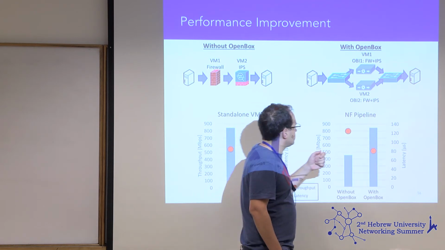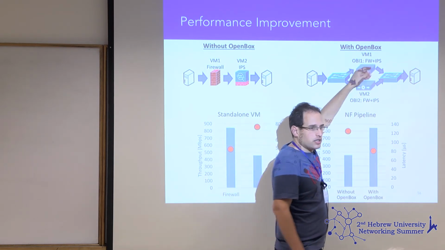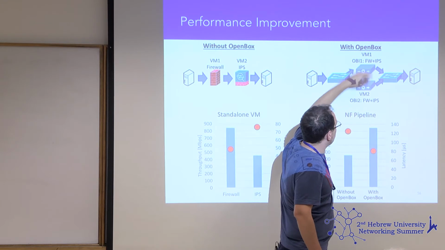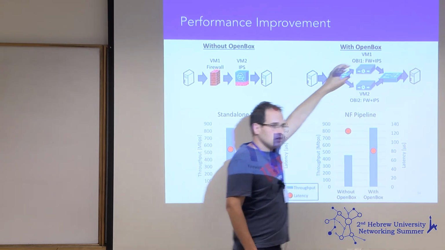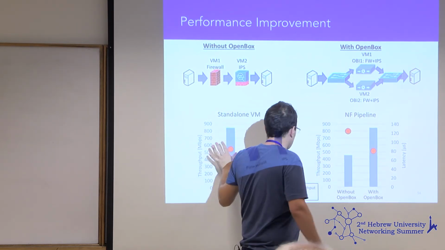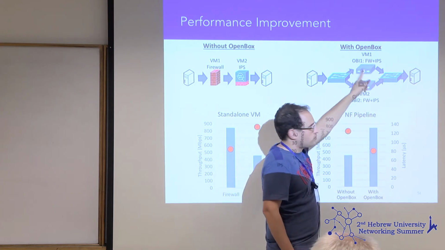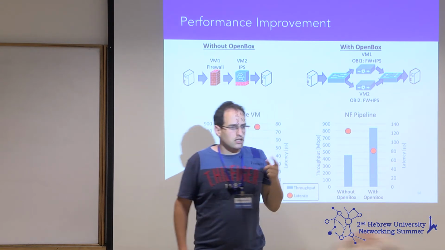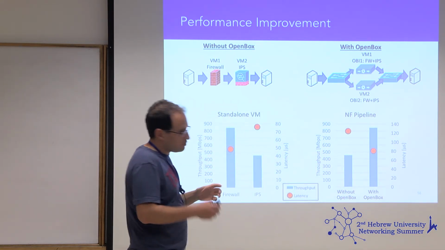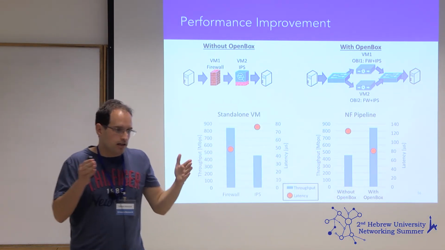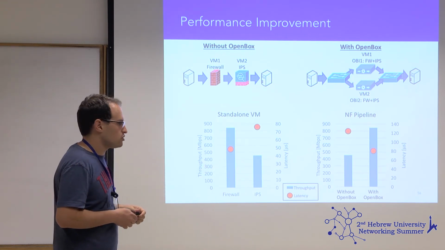So the throughput is actually double the throughput of each one of these machines. So it almost has twice the throughput here, but not exactly. And the latency is the latency of going through a single virtual machine, which only performs a slightly bigger graph, but still a single virtual machine.